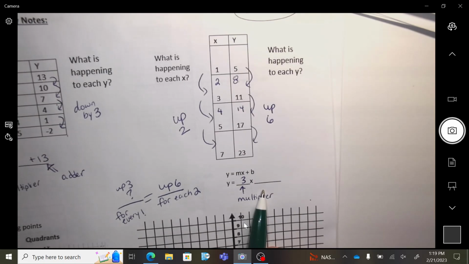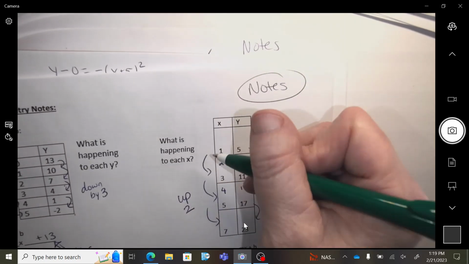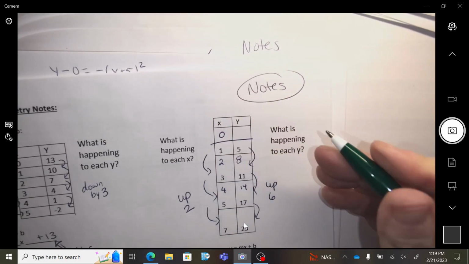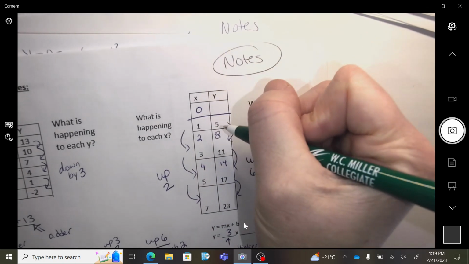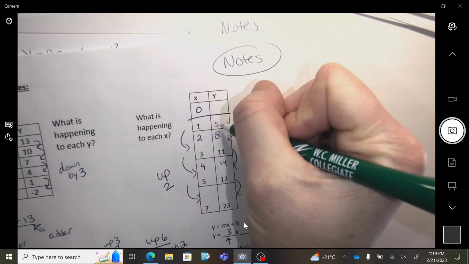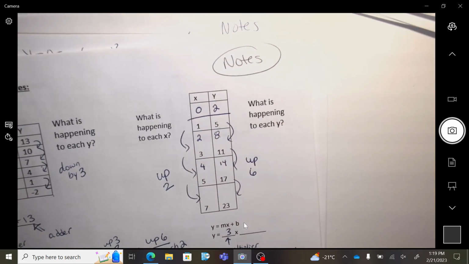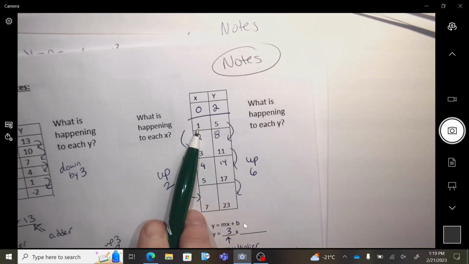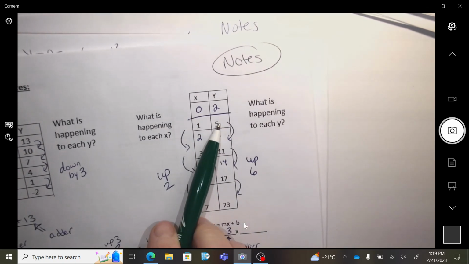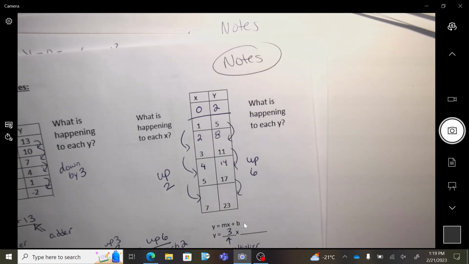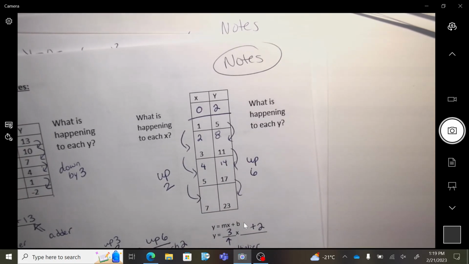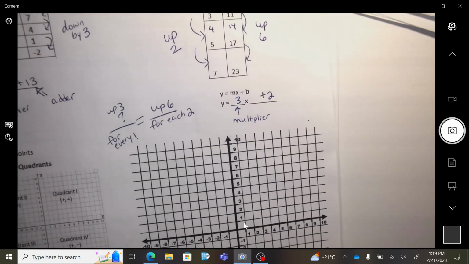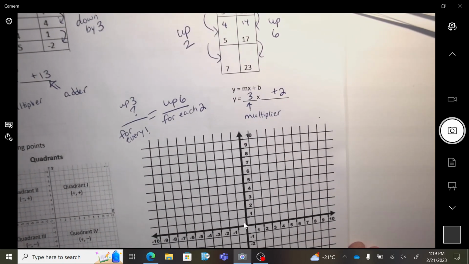So when x was 0, what would the starting position have been? 2. Because I need to jump 1, so that means I'm jumping 3, and I'm going backwards. So then I would put a plus 2 there. Okay, so these are patterns, linear patterns.